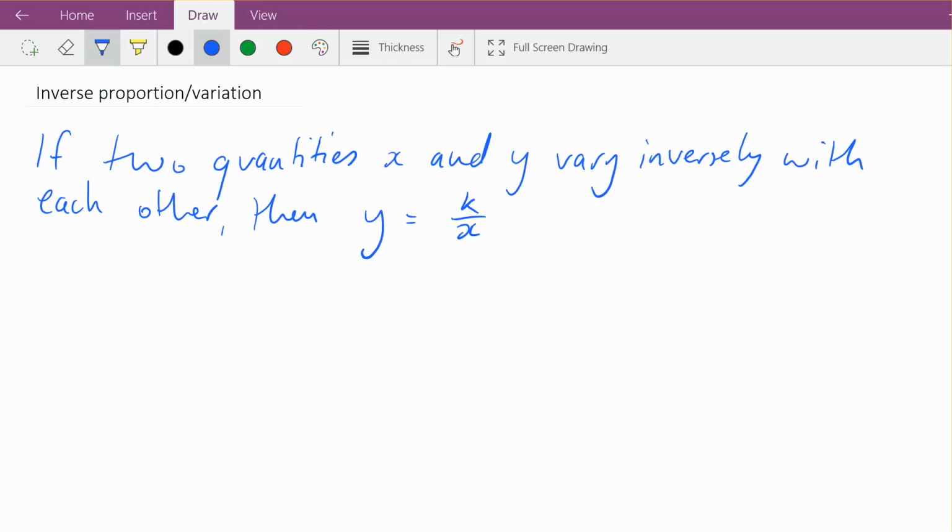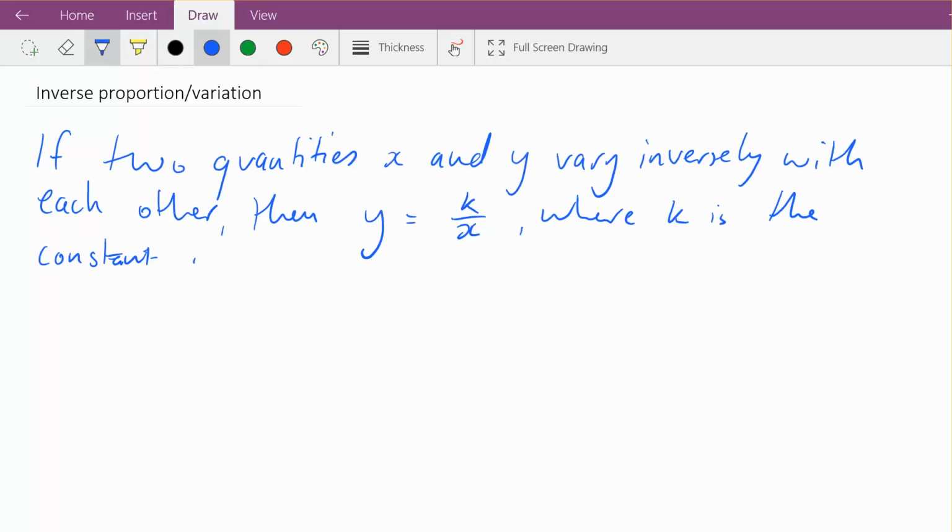Remember there was a k involved with direct proportion, where as one goes up, the other goes up. It was just y equals kx. Inverse, it's y equals k over x, where k is the constant of proportionality or constant of variation.